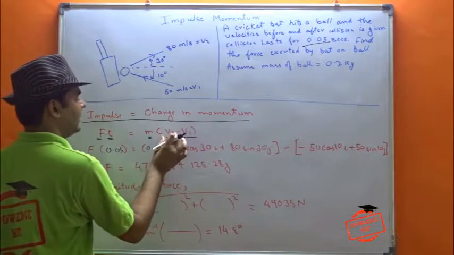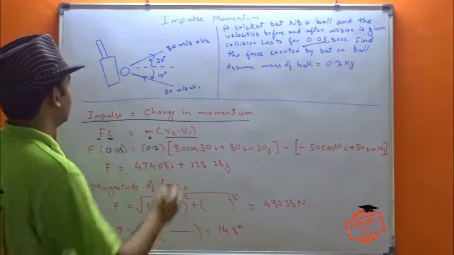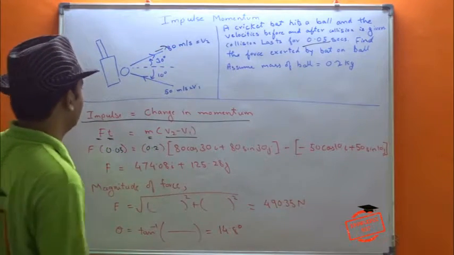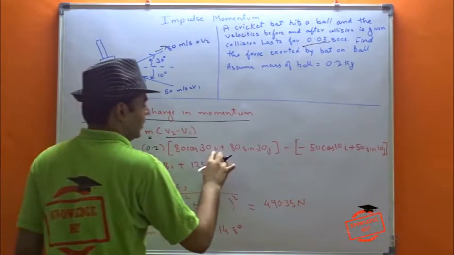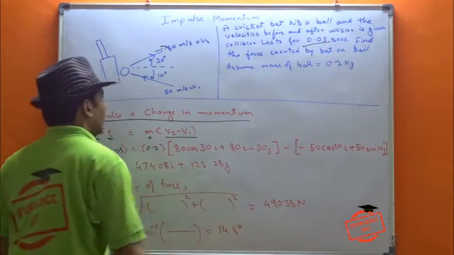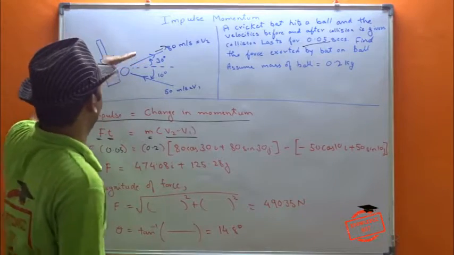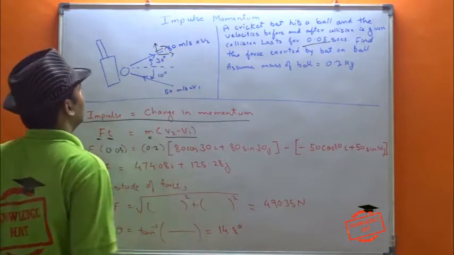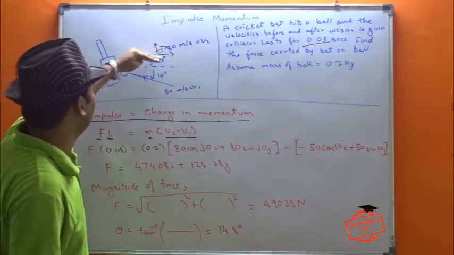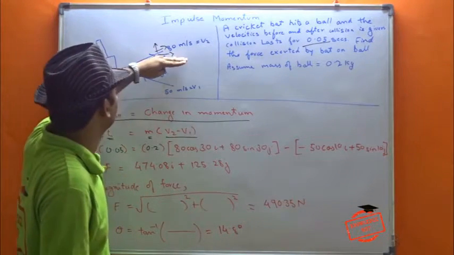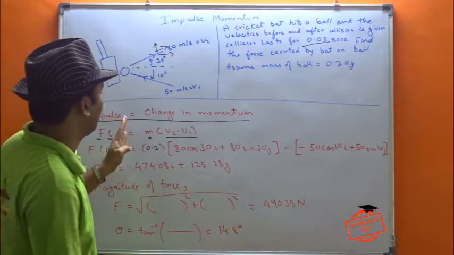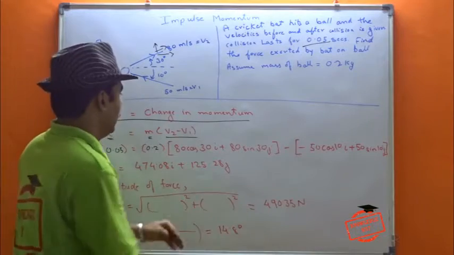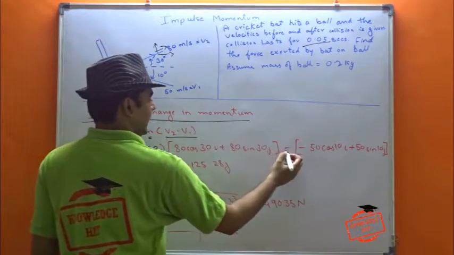Now, v2 is the velocity after collision. The x and y components of velocities are written here in the form of i and j. If you resolve this velocity into horizontal and vertical components, the x component would be 80 cos 30 degrees, and the y component would be 80 sine of 30 degrees, minus the velocity before collision.